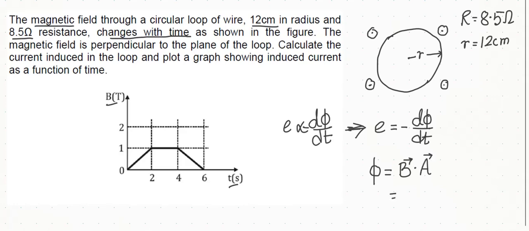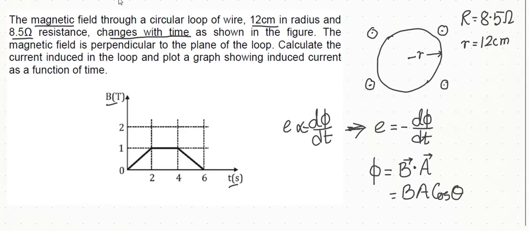That means the magnetic field intensity multiplied by the area of the loop, and this will become BA cos theta, where theta is the angle between the magnetic field vector and the area vector.